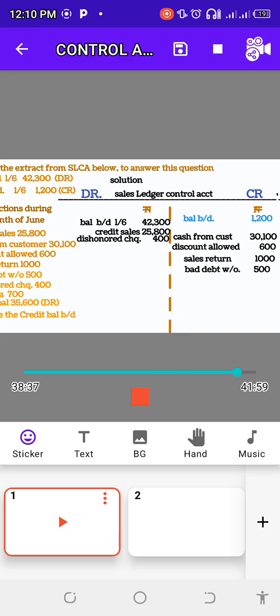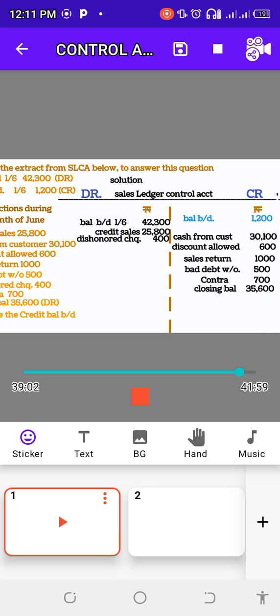Dishonored check should increase it by 400. A dishonored check is a check issued before but now dishonored. Contra is always on the reducing side of both the sales ledger control account and the purchases ledger control account. It's a set-off between the two accounts.